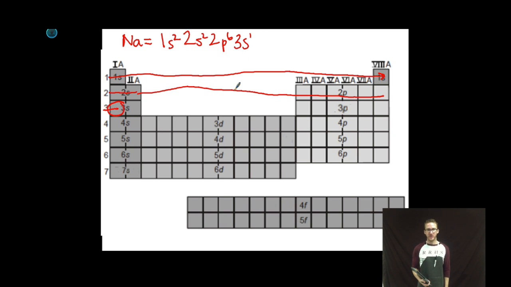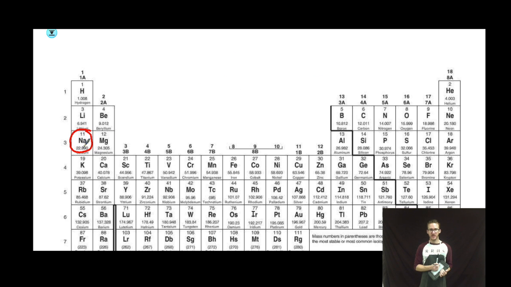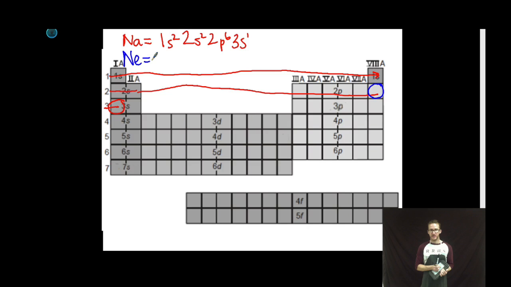Whew, now that was kind of intense. How can we shorten that? Such a good question. What you need to do is find the noble gas that comes directly before the element that you're working with. As I look at my periodic table, the noble gas that comes directly before sodium is neon.